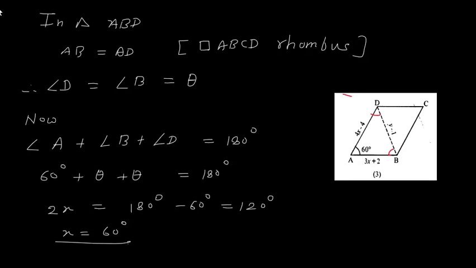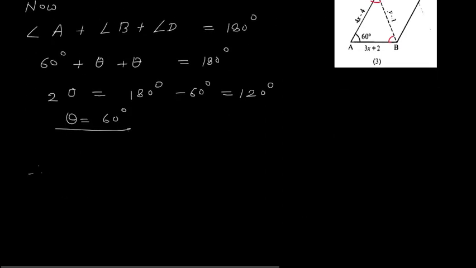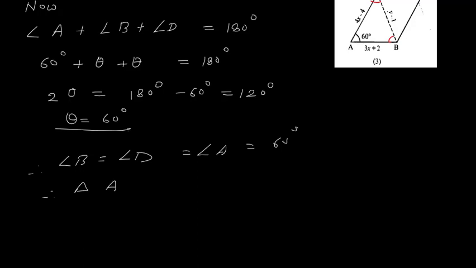So here in place of x, I will write theta. So this is 2 theta, this is theta. So theta is 60 degrees, that means angle B equals angle D equals 60. So all angles are 60 degrees, therefore angle B equals angle D equals angle A equals 60 degrees. Therefore triangle ABD is an equilateral triangle.